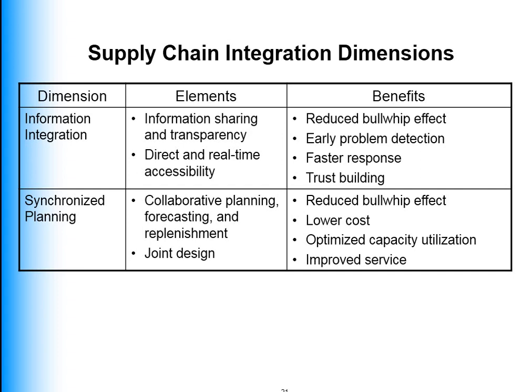In the benefits, you can reduce bullwhip effect and lower costs because you can plan already when to order. You know already that you need this product, so you can determine the increase of this raw material, when it will be in demand, so you can anticipate. And then you can optimize capacity utilization.